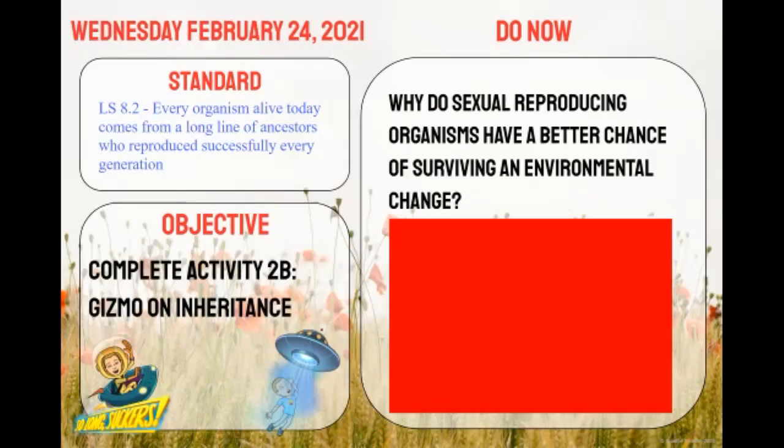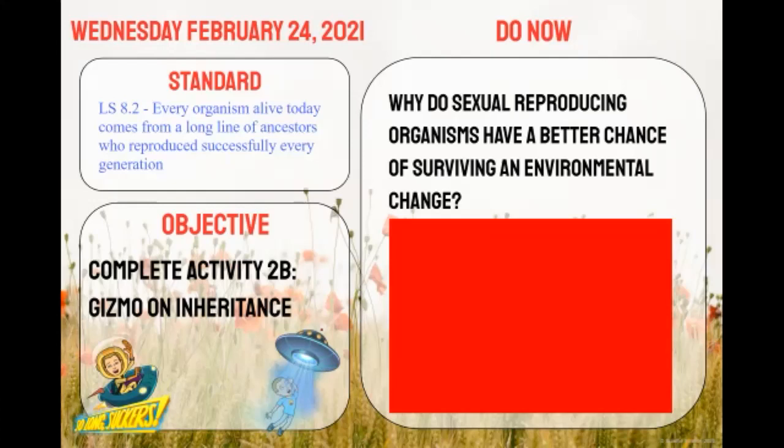On Wednesday, you're going to be completing the inheritance Gizmo. And the do now question is, why do sexual reproducing organisms have a better chance of surviving an environmental change? The reason is because they have more genetic variability and they get their chromosomes and DNA molecules from both parents.